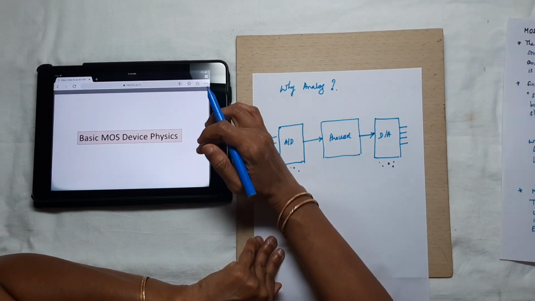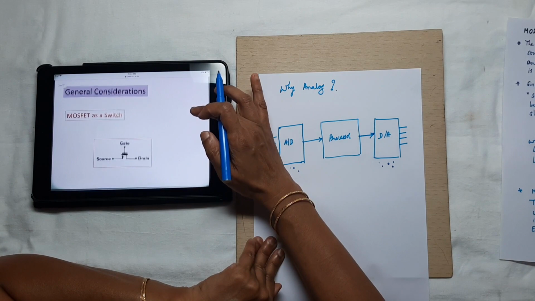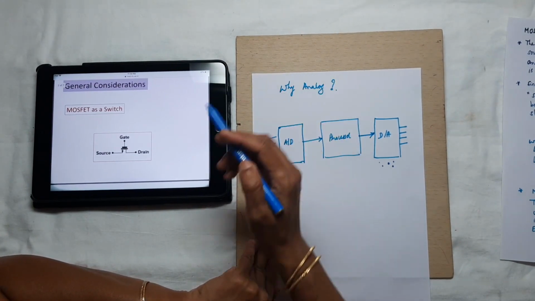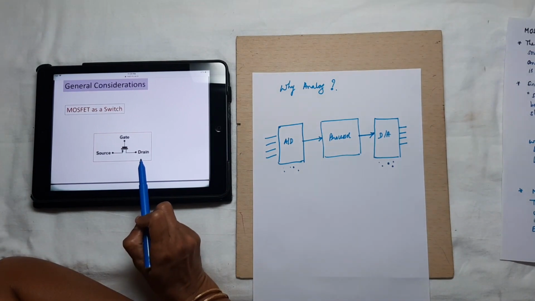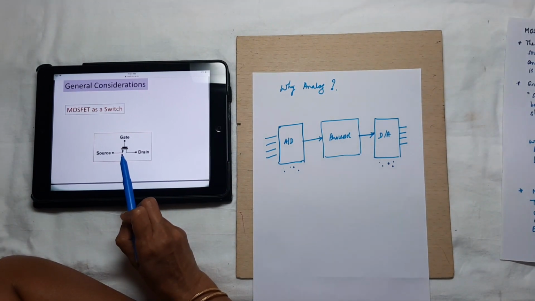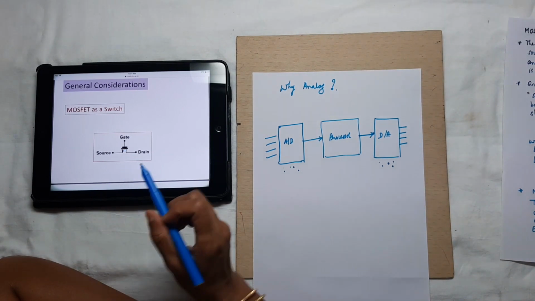Already we have studied it; it is just an introduction part. General consideration: MOSFET as a switch, where we have 3 terminals, source, gate and drain. The arrow mark represents the source terminal, this is the polysilicon gate, and this is the drain terminal.